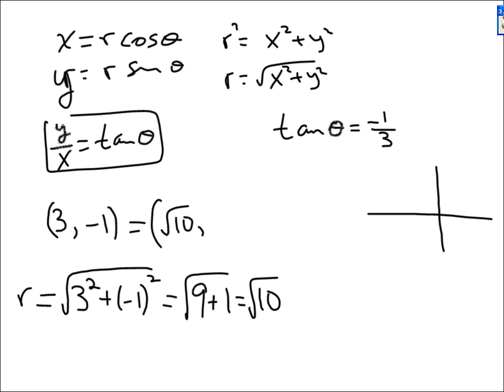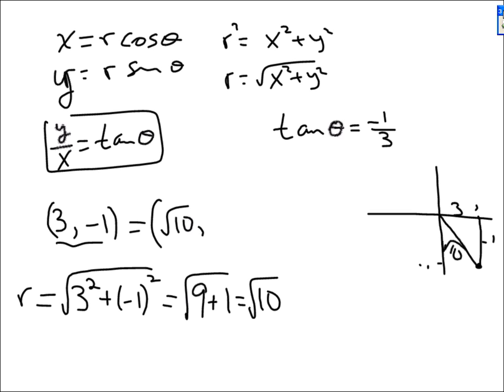Here's 3, and here's -1. So it's right there. We know that this is 3, and this is -1, and we just learned that the hypotenuse is the square root of 10. Problem is we don't recognize this as any special triangle.